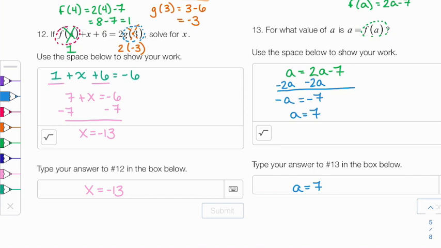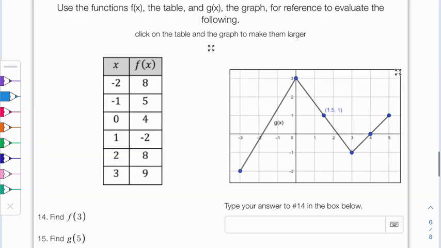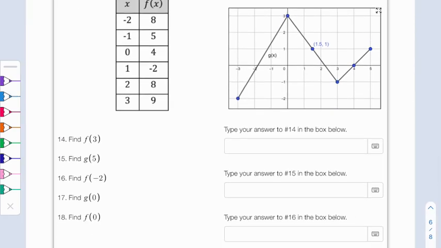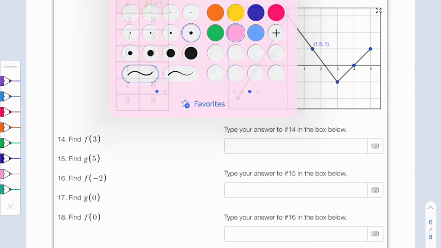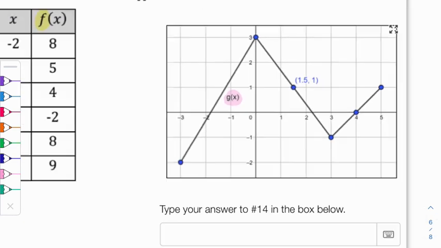All right, few more here. So here we're going to talk about graphs versus tables. And how do I know which to look at? You pay attention to the letter that this is referring to. So anything that is g of x means look at the graph because the graph is labeled g of x.